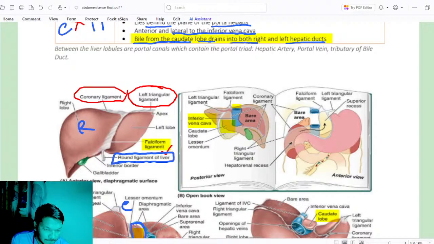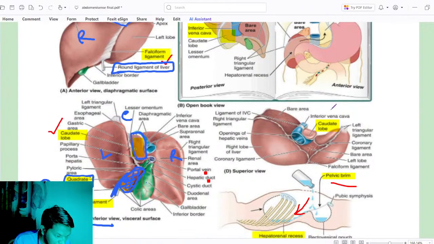Superiorly, there will be the coronary ligament and the left triangular ligament.